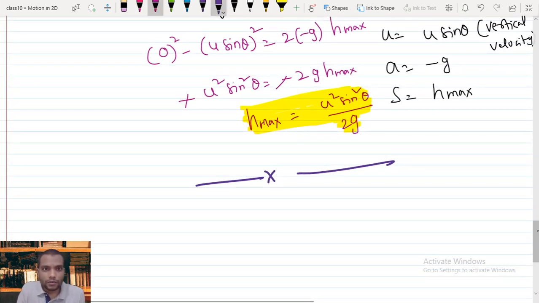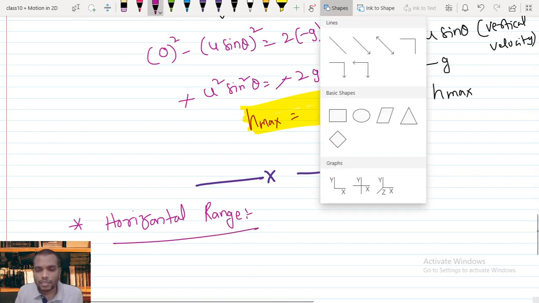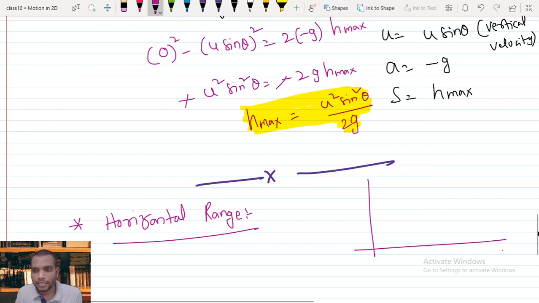Now let's figure out another very important thing, the horizontal range. Suppose this is the x-y plane and we launch a projectile like this. It went up to here, the maximum H max, which we already figured out.